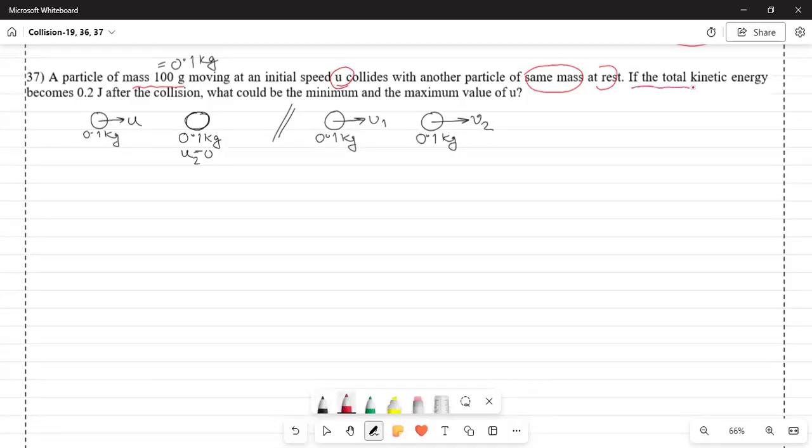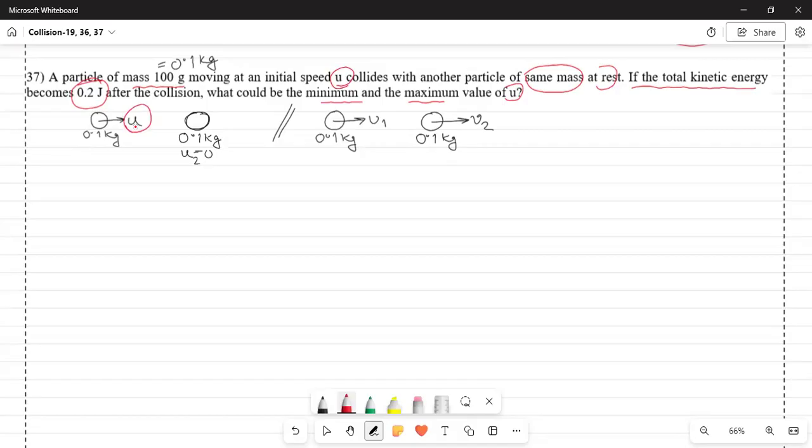If the total kinetic energy becomes 0.2 joule after collision, that is, after collision the total kinetic energy is 0.2 J, they want us to find out what could be the minimum and maximum values of u, that is, this initial velocity u.